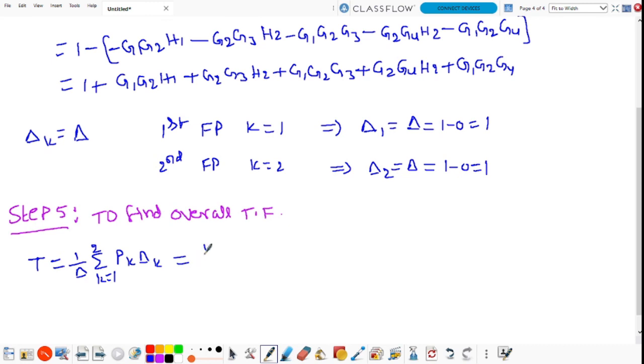So that is 1 by delta into, substituting k equal to 1, P1 into delta 1, plus substituting k equal to 2, P2 into delta 2.